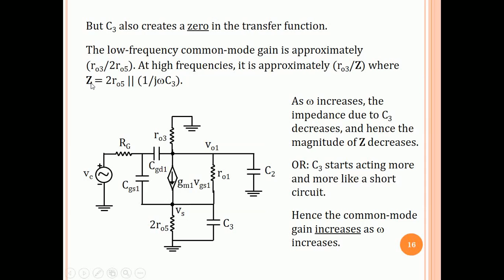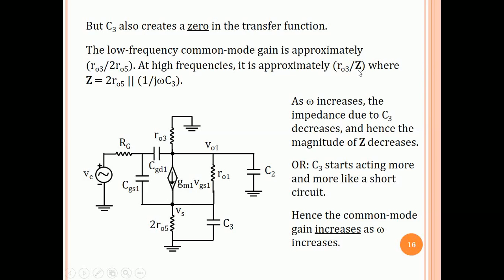As the magnitude of Z decreases, the common mode gain of the stage increases. Alright, omega increases, 1 over j omega C3 decreases, Z decreases, gain increases. This is a very important phenomenon that has to be very carefully monitored while designing differential amplifiers.